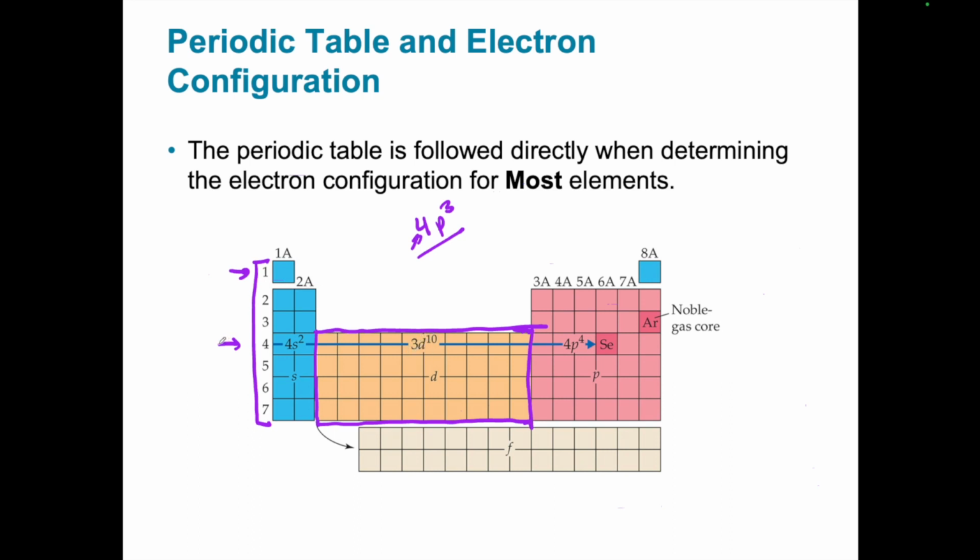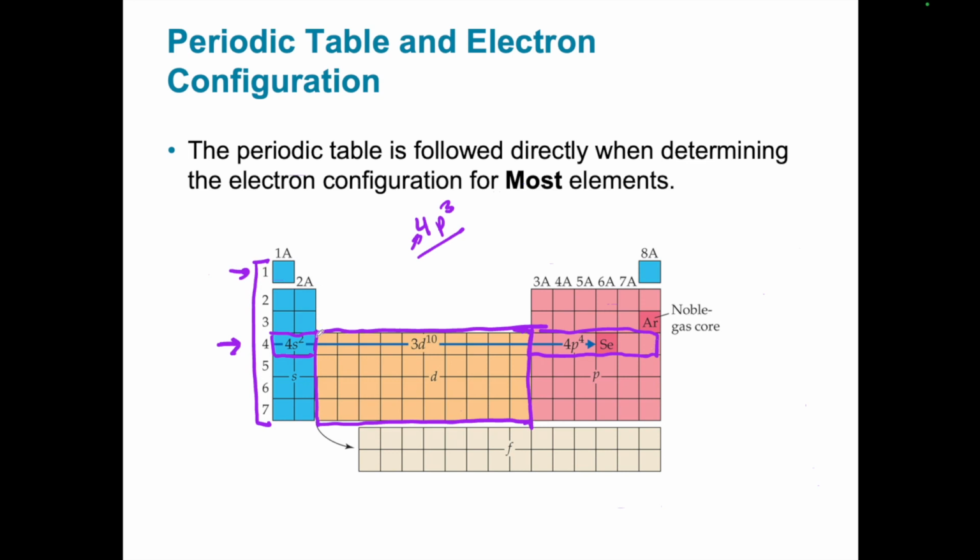Everything in period 4 or row 4 for the s block, like 4s, or 4p right there, is still at the n equals 4 energy level.